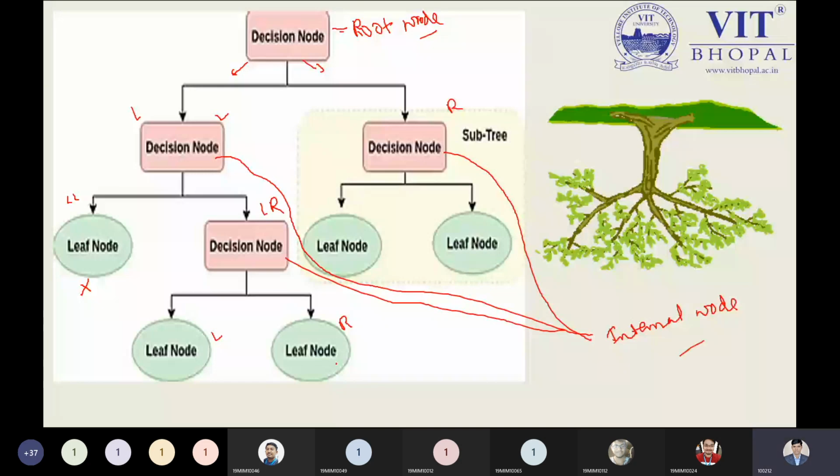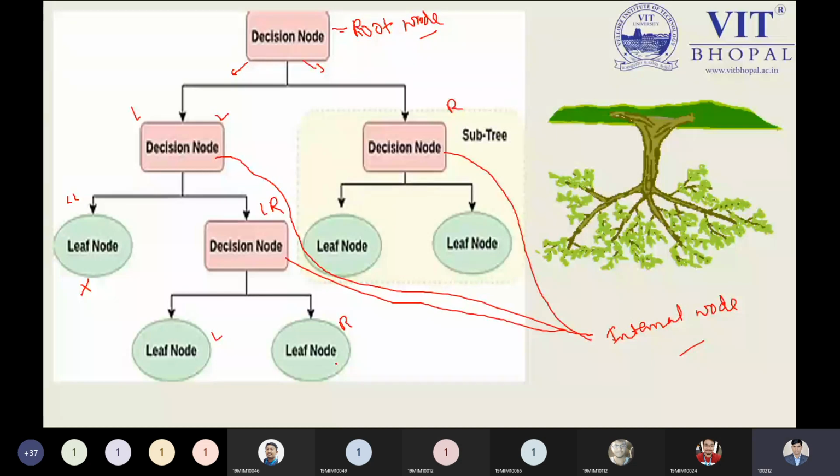This is just an idea about what I told you regarding the decision node. Every node on which we are taking a decision is known as a decision node. A node which is required to take some decision is a decision node. A decision node can be an internal node, a root node, or an intermediate node.